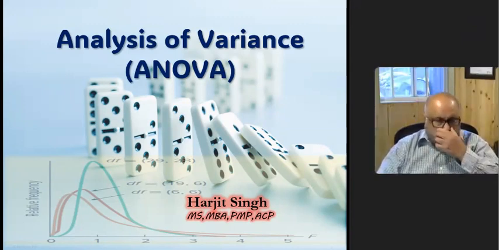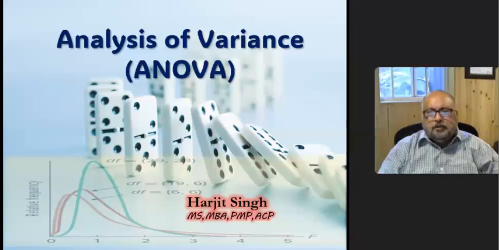We will also learn how to use analysis of variance. Analysis of variance in short form is called ANOVA, to test if three or more population means are equal.